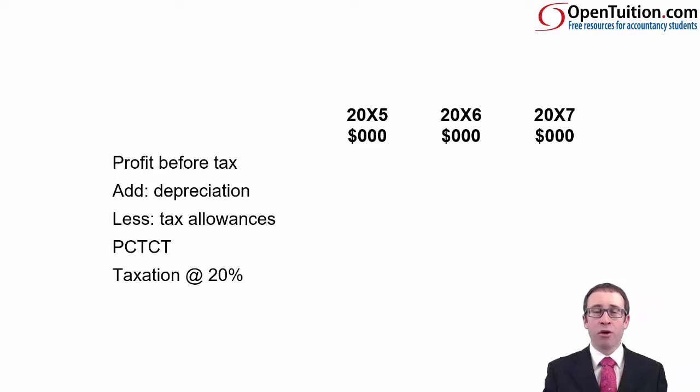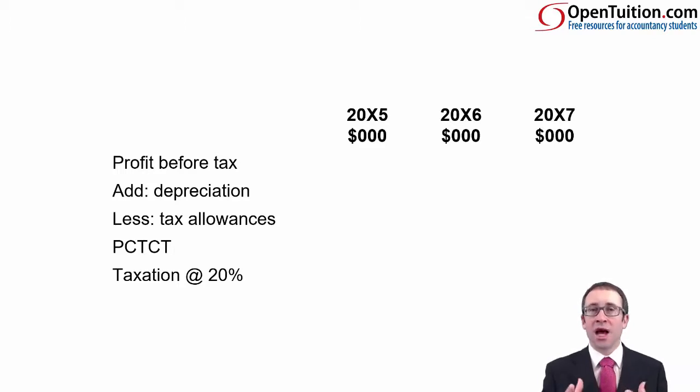So again, a pro forma for X5, X6, and X7. And remember, we take our accounting profit and we add back any disallowable expenses. Here, I think the question talks about buying an item of non-current asset, so property, plant and equipment. We depreciate your property, plant and equipment, and therefore that depreciation is not taxable, is it?